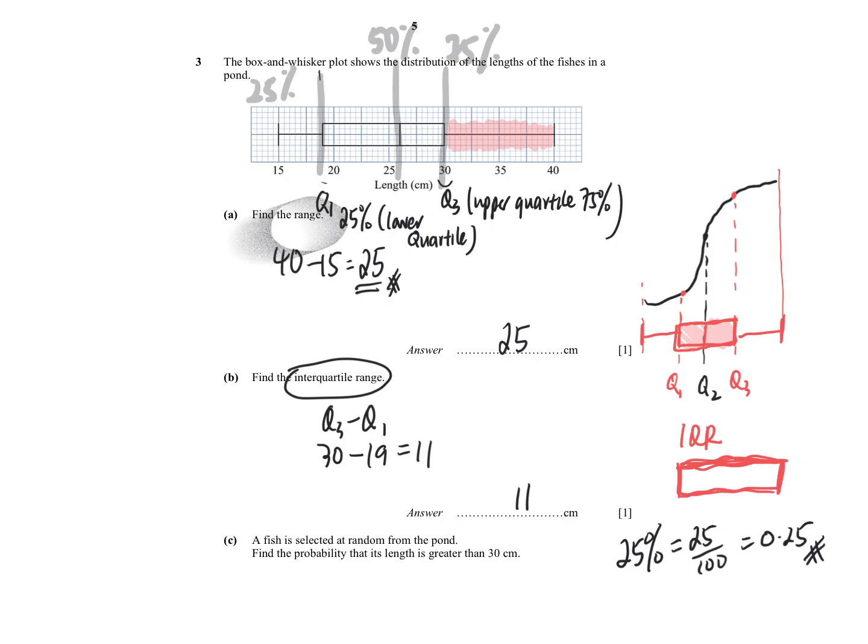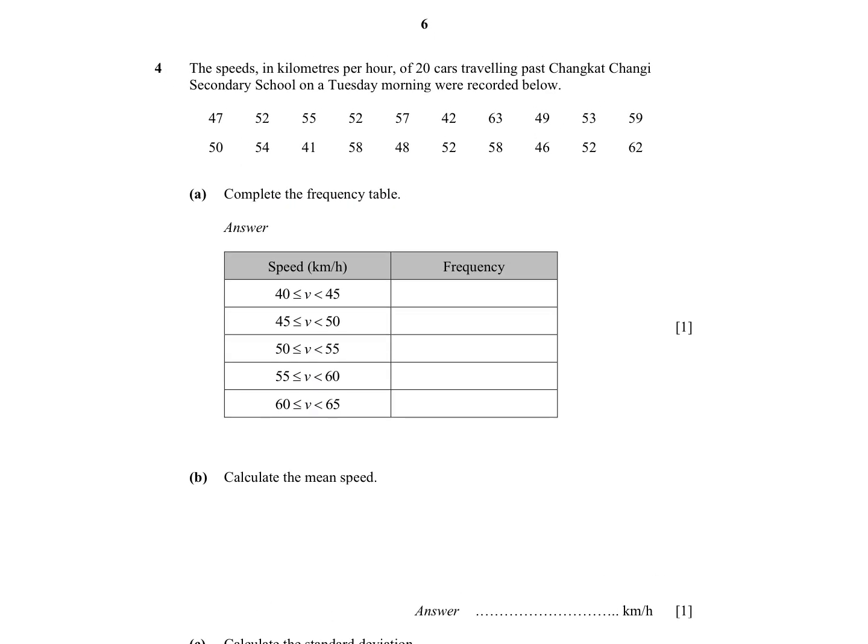Okay, next question. Let's revise standard deviation. So this one, of course, if they ask you to tally, 47 is here, 52 is here, 55 is here, 52, 57. O level will rarely ask you this. 63, 49, 53, 50 is here, 54 is here.